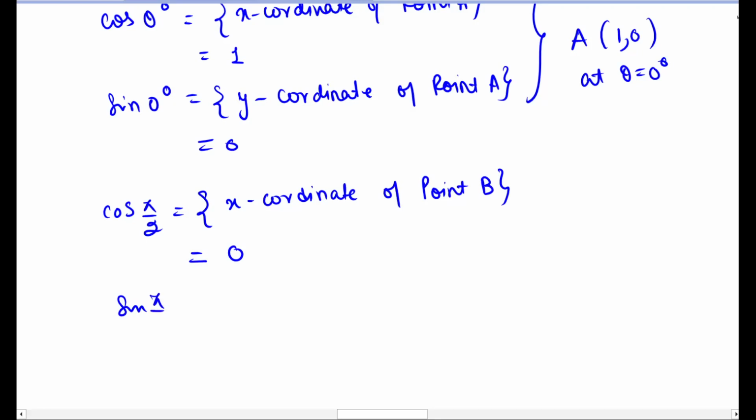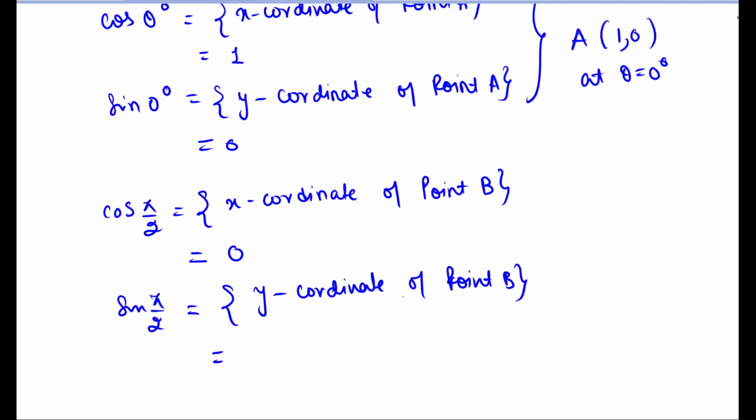And sine pi by 2 is equal to the y coordinate of point B, which is equal to 1. So this is point B (0, 1) at theta equal to pi by 2 or 90 degrees.